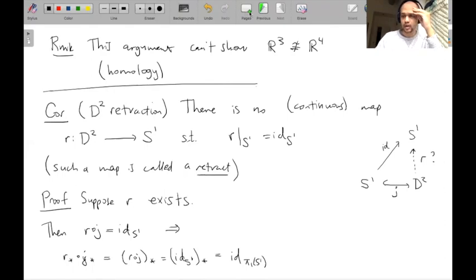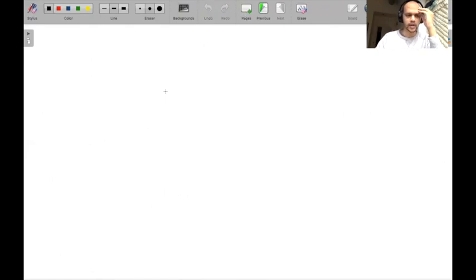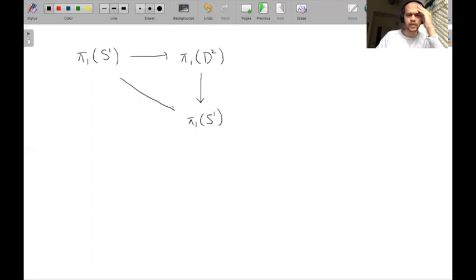This is very problematic, and let me explain why. We have this composition of maps of fundamental groups: pi1 of the circle mapping to pi1 of the disk, mapping to pi1 of the circle. Here's J star, R star, and the identity star, which is just the identity.